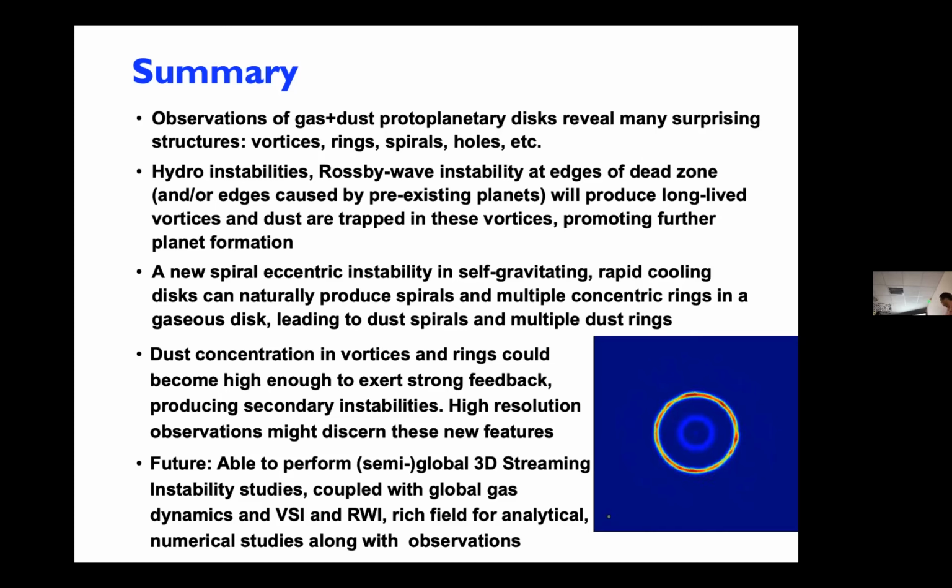The second one particularly is naturally leading to multiple ring formation, and the first one is naturally leading to vortex formation, all of which would trap dust around them. I think in the future we'll be able to combine those in 3D and investigate streaming instability and vertical shear instability, which I did not talk about, together with Rossby and this new eccentric spiral instability, and see consequently what the conditions are that would be suitable for planet formation. Thank you.